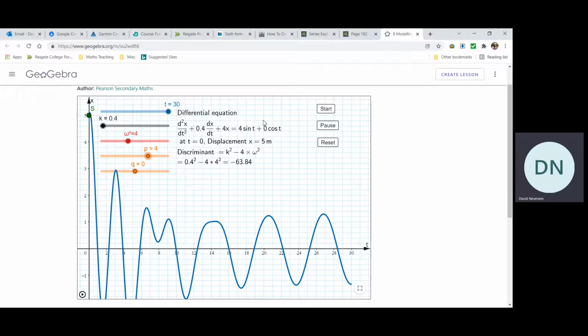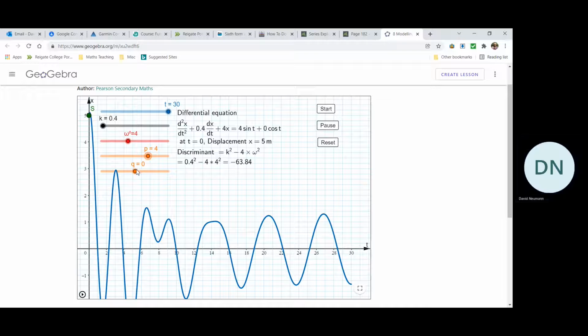And what's happening here is that the function on the right-hand side is kind of taking over, if you like. It's forcing the motion into the motion that its function models.